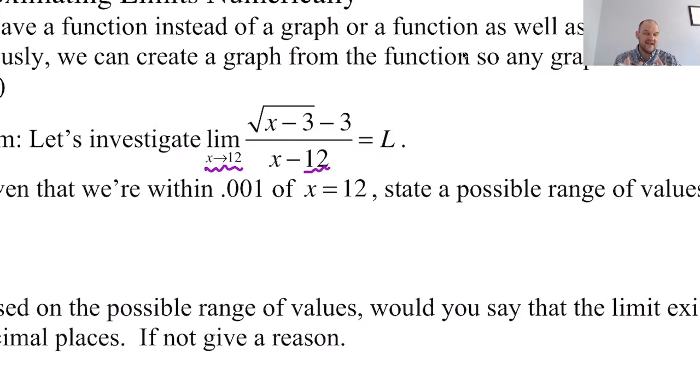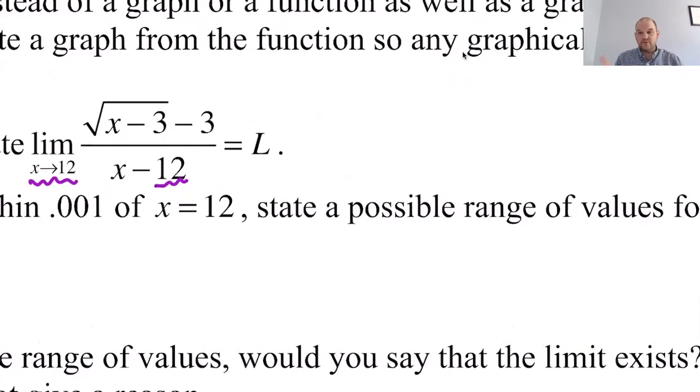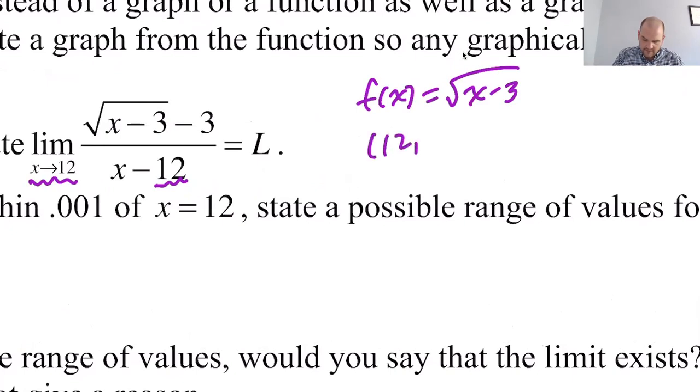And what's happening is, bear with me for a second, if f of x is the square root of x minus 3, then one possible point on that curve would be 12, 3, right? That's a point. Plug in 12, square root of 9, square root of 9 is 3, so that works.